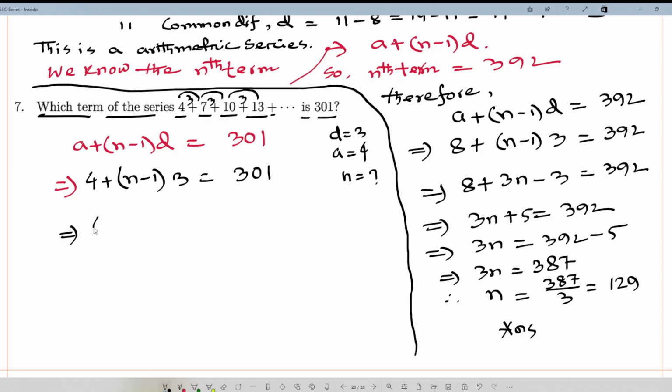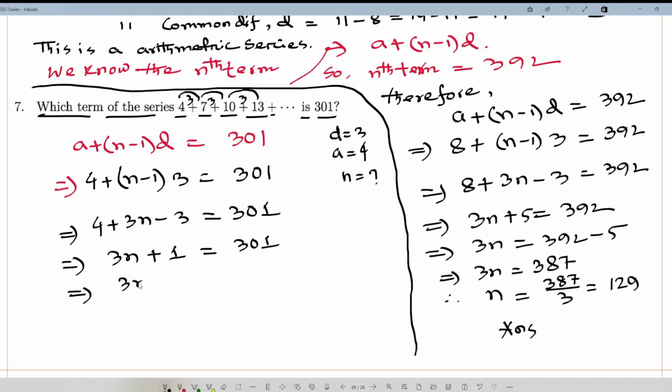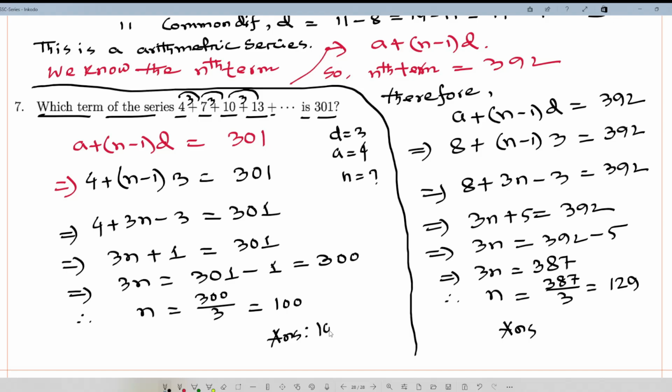Now look, 4 plus 3n minus 3 equals to 301. So here is 3n, 4 minus 3 is plus 1, equals 301. Then 3n equals to 301 minus 1 equals to 300. So once we divide both sides by 3, n equals to 300 divide 3 equals to 100. So our answer is 100.